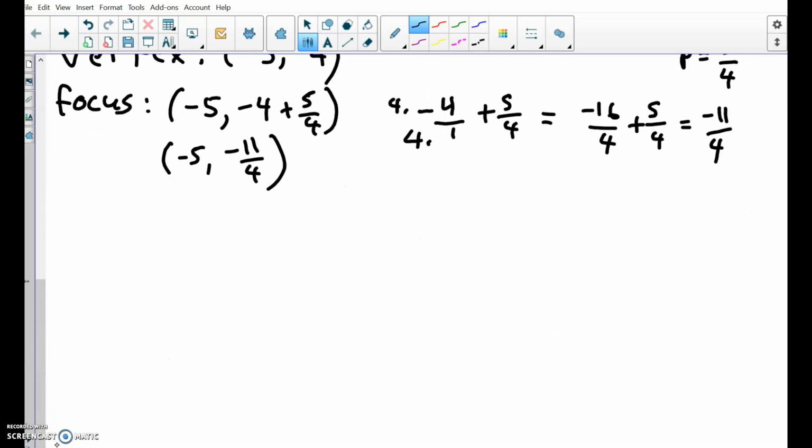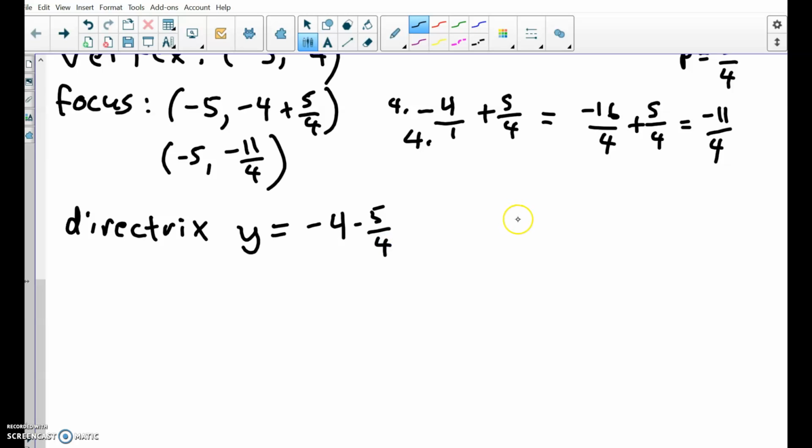So the directrix is going to be, oh, not a parenthesis, of course. Sorry, it is y is equal to -4 minus 5/4.